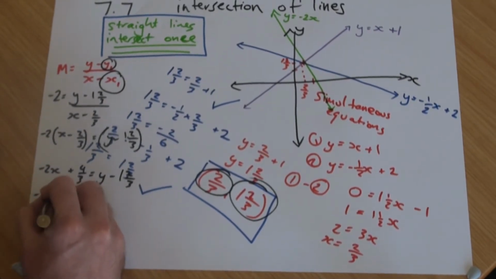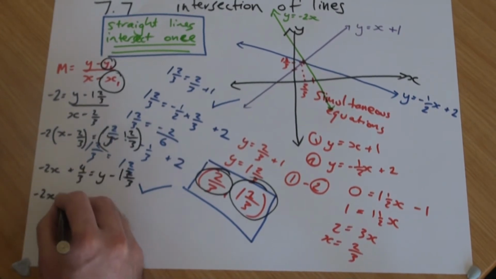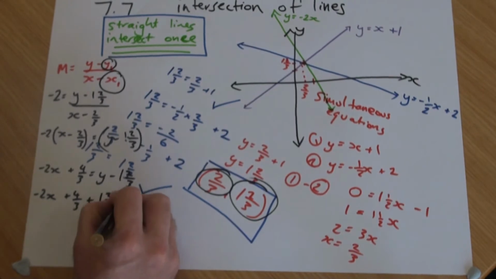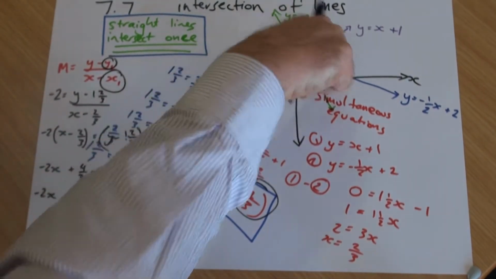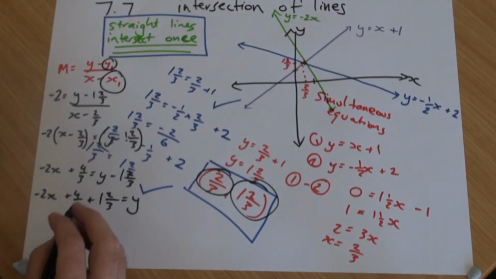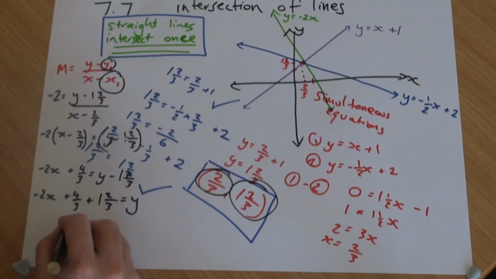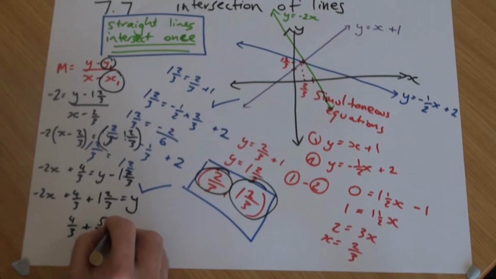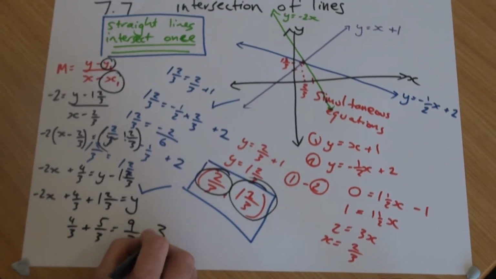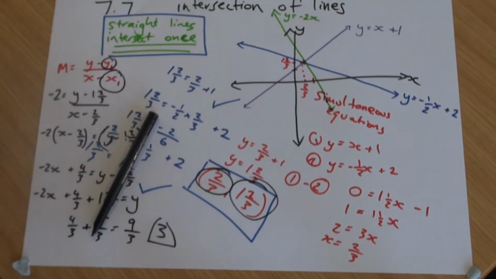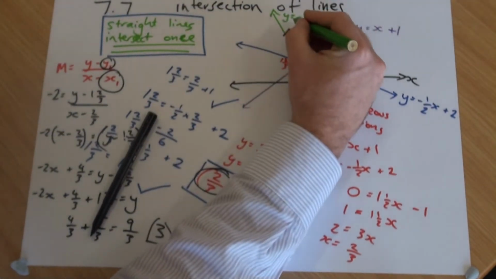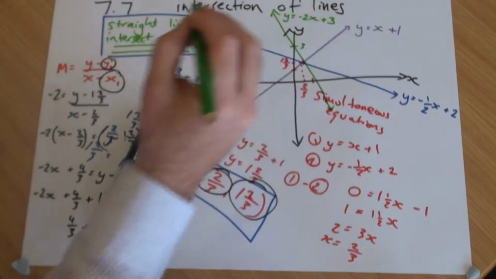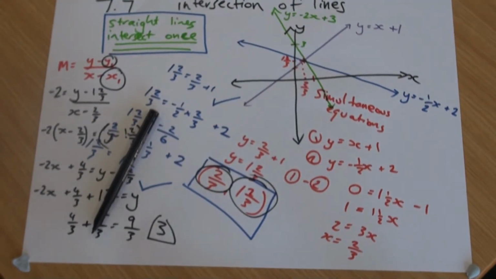We get negative 2x, which is what we want, plus 4/3 plus 1 2/3 equals y. So y equals negative 2x plus whatever this is, which is going to be 4/3 plus 5/3, which equals 9/3, which equals 3. So this equation here is going to be y equals minus 2x plus 3. Lucky. That was actually what I was going to guess it was going to be, which is very good.